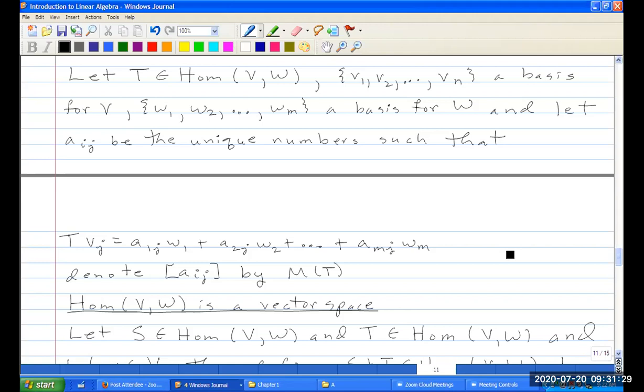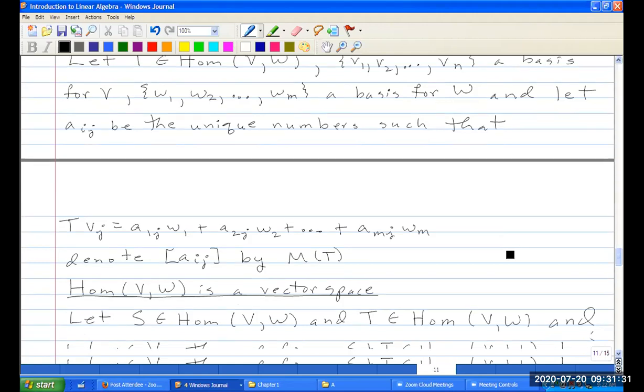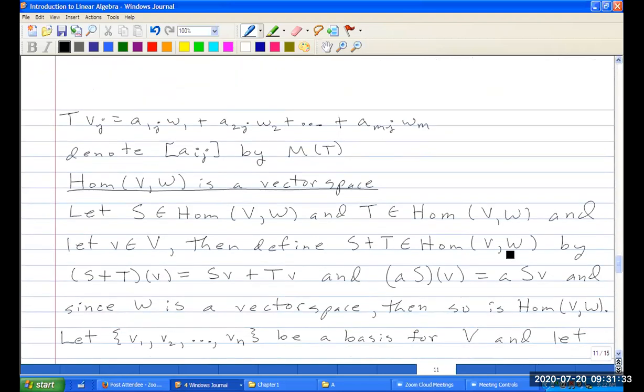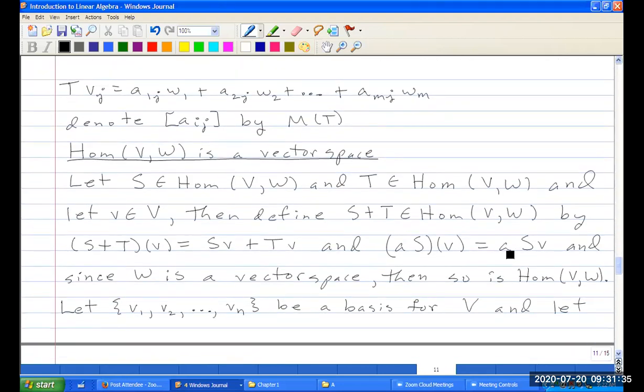So, first off, how do you, quote unquote, multiply functions? Well, you multiply functions by really doing composition.